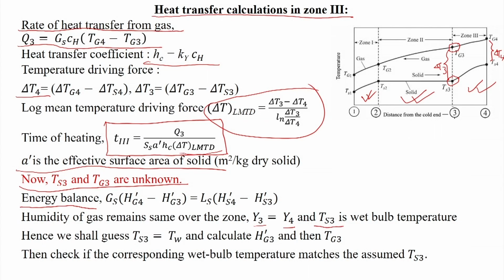Hence, we shall guess this Ts3. Then we will calculate Hg3 prime and then Tg3, and check whether the wet bulb temperature we get is matching with the assumed Ts3 or not. If it is matching, then our guess was correct.